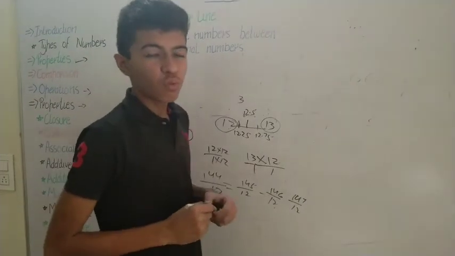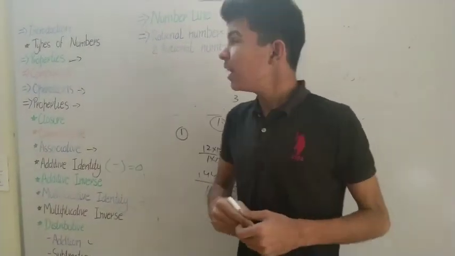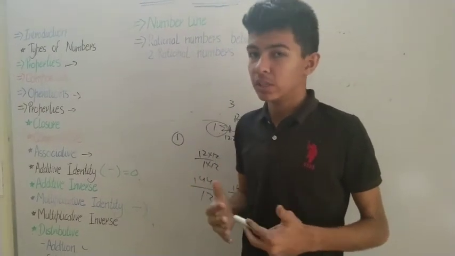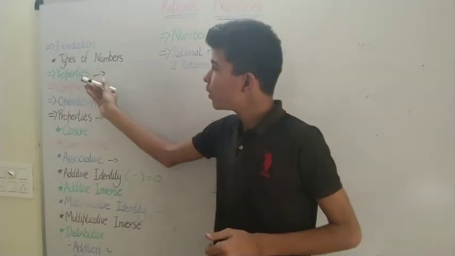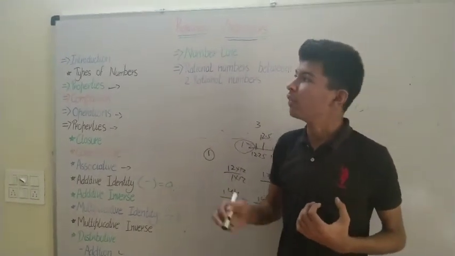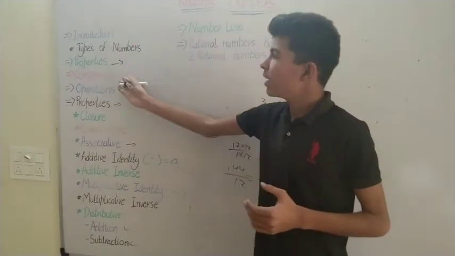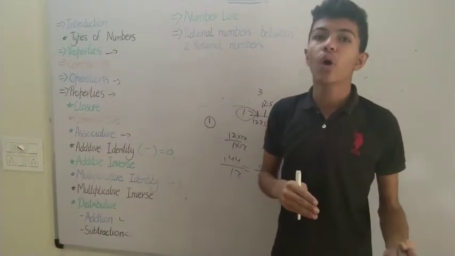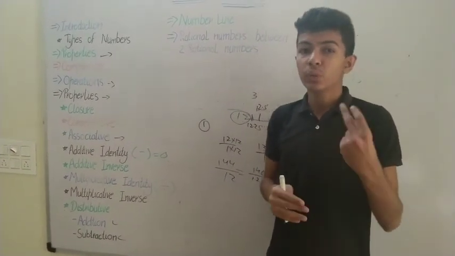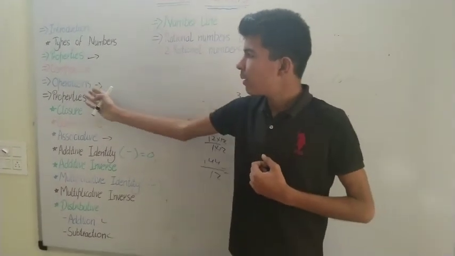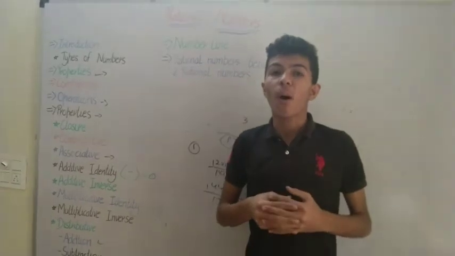So let's summarize what we have learned today. First, we learned about the place of rational numbers among all the different types of numbers. Then we learned which properties they follow, such as the technical definition of rational numbers. Then we learned how to compare rational numbers when two or more are present, by two methods: the shortcut method and the standard method. Then we learned how to perform operations.